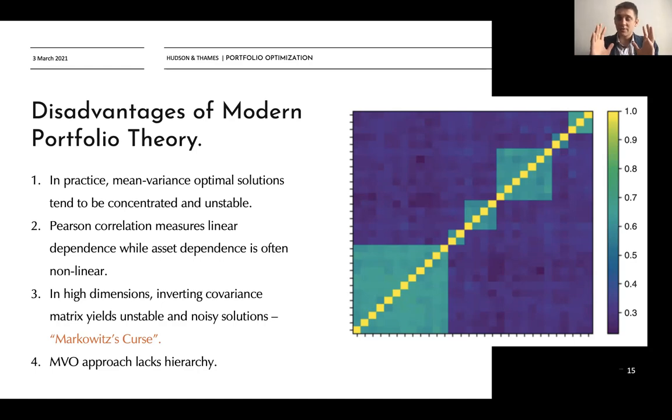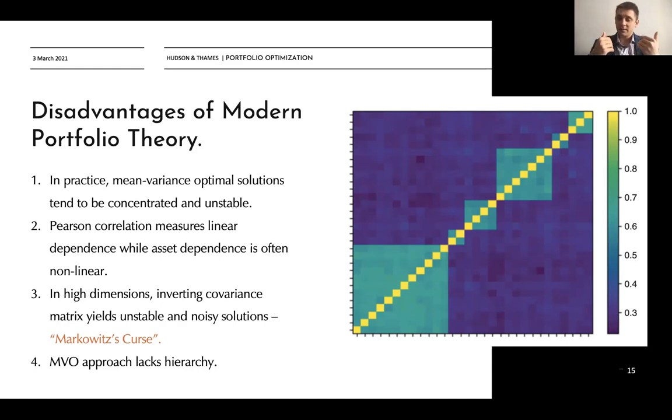After that, our covariance matrices become noisy, which yields concentrated, unstable solutions. Sometimes our portfolio optimizers cannot handle that, and it creates lots of problems. So the Markowitz curse is the key part of the disadvantages of modern portfolio theory.